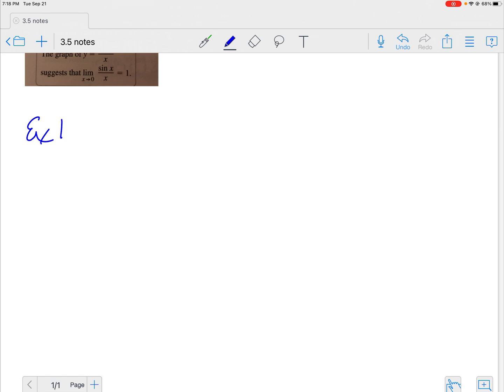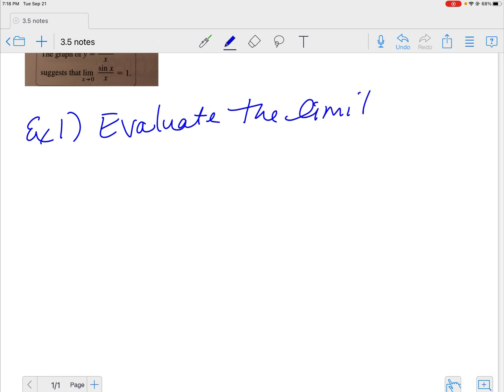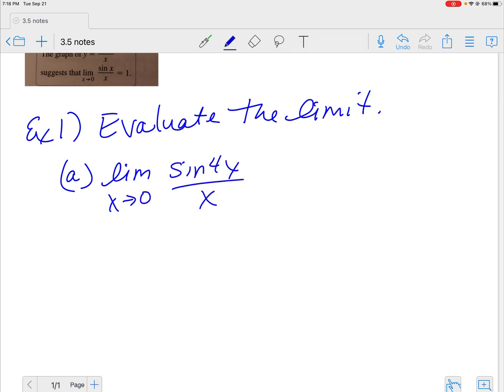So here's example 1. It asks us to evaluate the limit. A is the limit as x approaches 0 of the sine of 4x over x. Now here's the kicker.